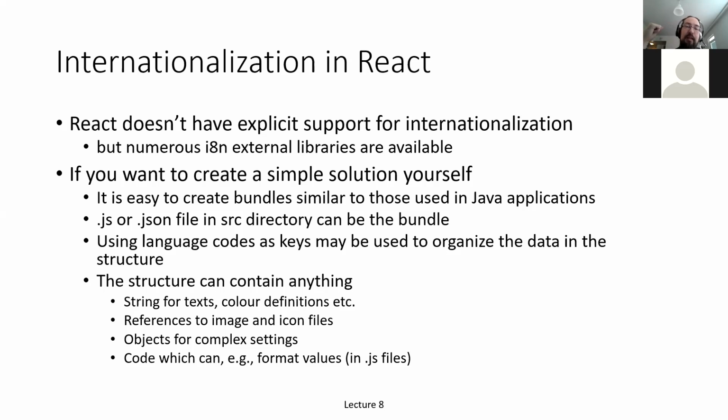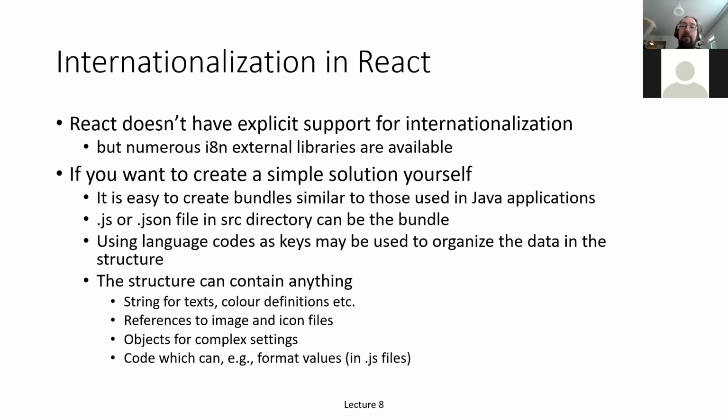Cultural specificity of icons, for example, is something to be aware of. Many of them might work, but some may not work in some specific culture. It can contain more complex data structures for complex settings. And if it's a JavaScript file, it can also contain code.